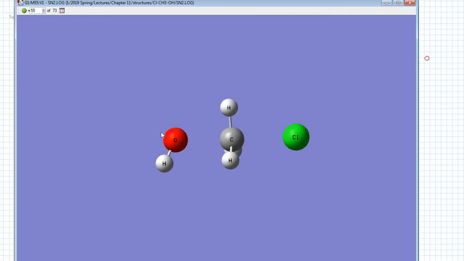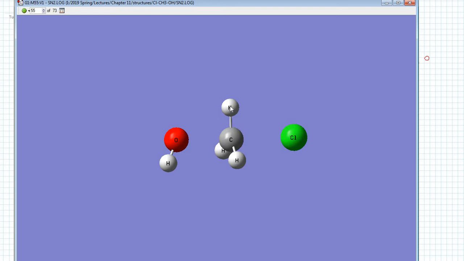So what may affect the rate of this reaction? Basically, if the nucleophile can easily approach the carbon bearing the leaving group, we expect that the reaction will be faster. In this case, we have all hydrogens around the carbon bearing the leaving group. Hydrogens are small groups, so the reaction will be faster because they are not going to prevent the incoming nucleophile.